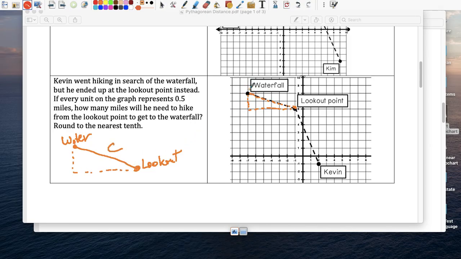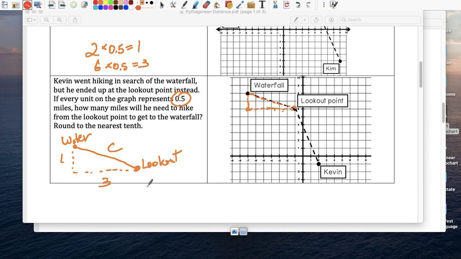So now, if you count the units up and down, it's 2. But it says here that every unit is 0.5. So 2 times 0.5 equals 1. So this would be 1. And then the horizontal distance is 1, 2, 3, 4, 5, 6. But it's 6 times 0.5, which makes it 3. So this is 3 miles. So 1 mile, 3 miles.